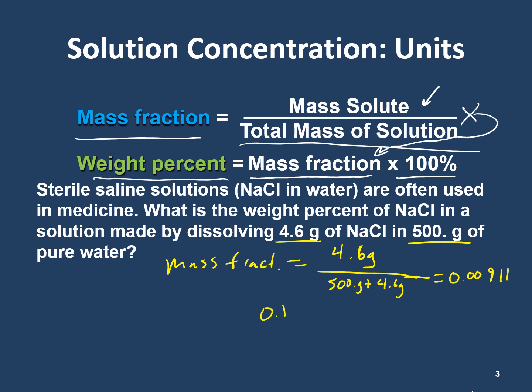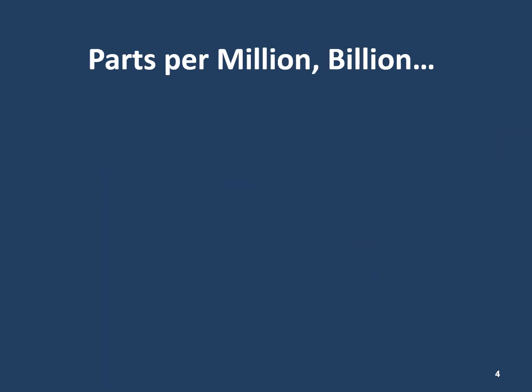So 0.00911 times 100 gets me 0.911%. And really, to 2 sig figs, this would be 0.91% is what we should have written down. All right, so that gives you an example of a new concentration unit, kind of.